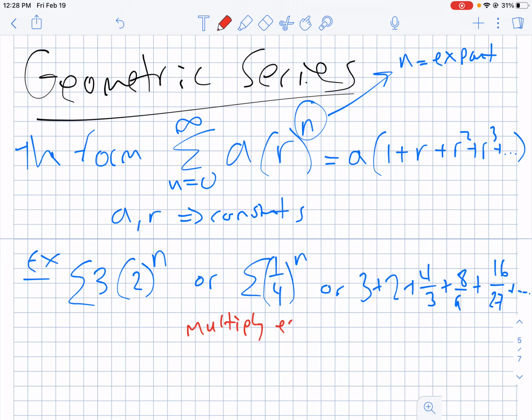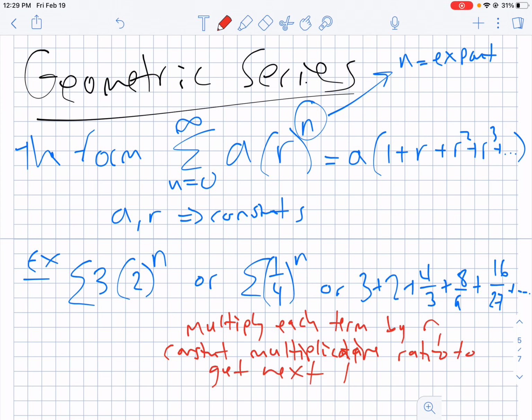So you multiply each term by some r, a constant multiplicative ratio, to get the next term. And we can see this on here, right? If we multiply by r, we get to the next term.